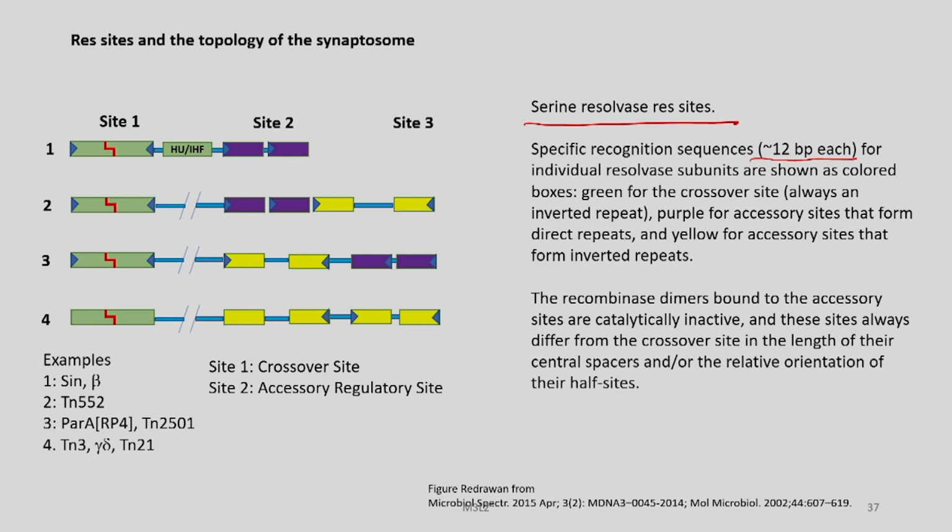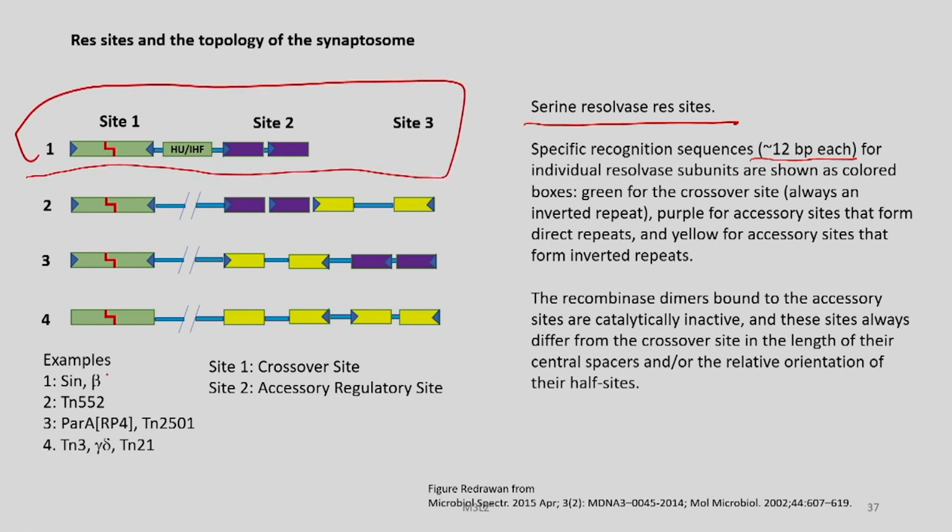So, site 1 is basically the crossover site and site 2 is the accessory or the regulatory site, and there is a site 3 as well at the end of site 2. So, there are various examples for this particular pattern.